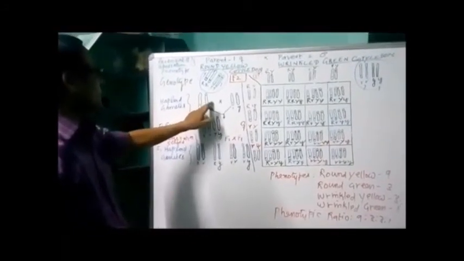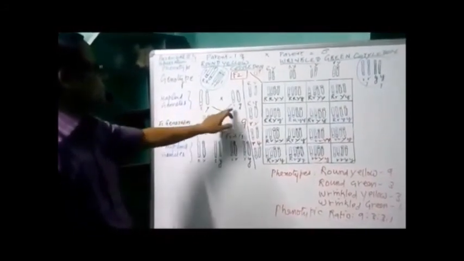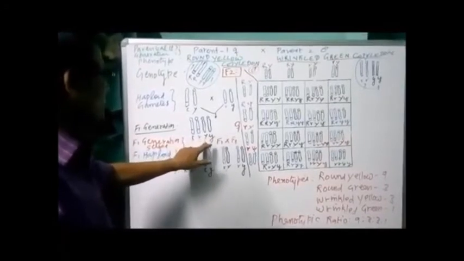This is a gamete with capital R, capital Y, and this is a gamete produced by the parent wrinkled green cotyledon, small r, small y. Now, gametic union by means of fertilization, we get the F1 generation. It is heterozygous, round yellow. So one capital R, one small r, one capital Y, one small y located on the chromosomes. The red line indicates the location of the genes. Now, the F1 generation is a heterozygous dihybrid.